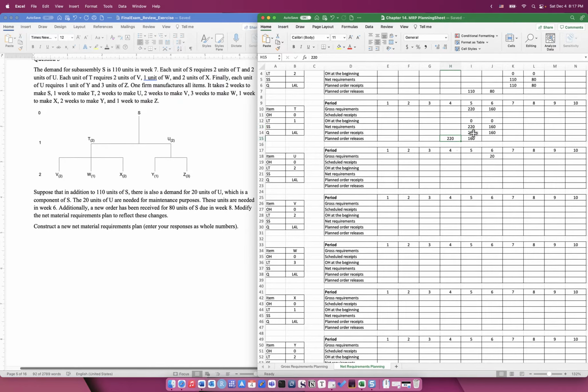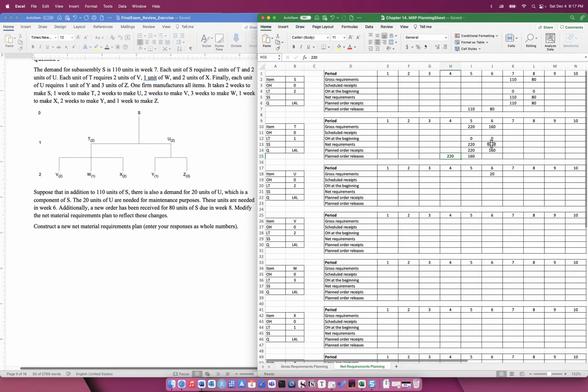Let's continue with U. You're coupling U with these two quantities, because U is tied to those two quantities. Again it's a 1 to 2 relationship, so it's going to be 220 here, and 160 here, but you need 20 in addition to the 160.